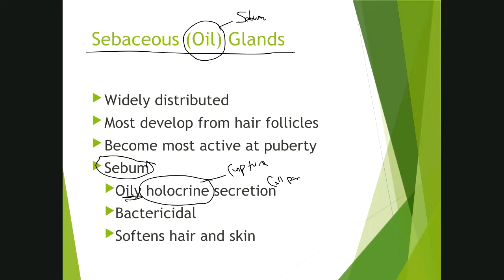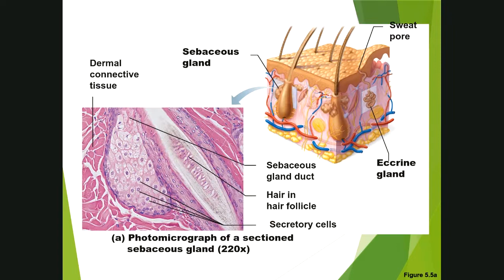Well, the reason we have oil glands is because it helps to soften our hair and soften our skin. It also helps to repel water. And so when you look at these, they are all associated with the hair. So here's a hair, and there's an oil gland. Here's a hair, and there's an oil gland.